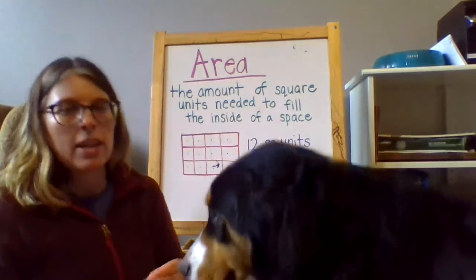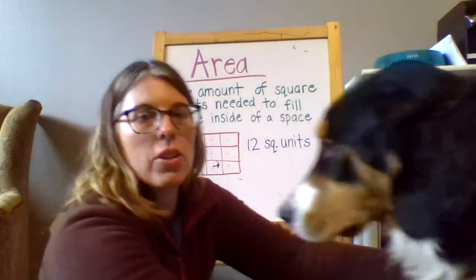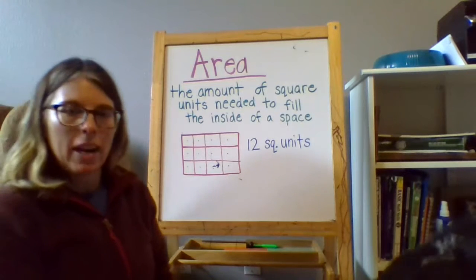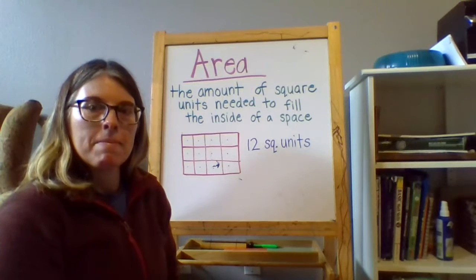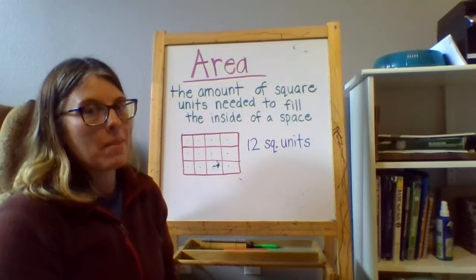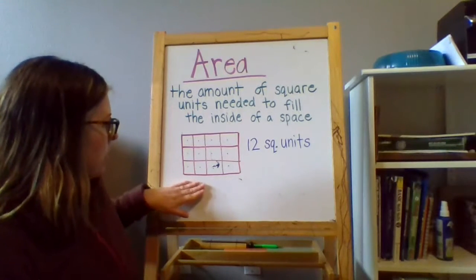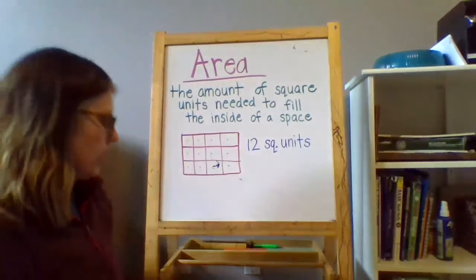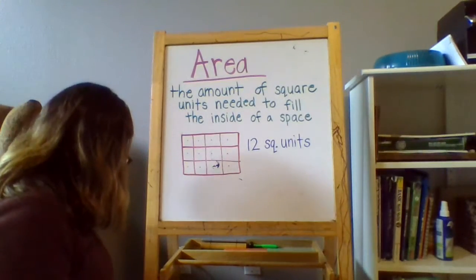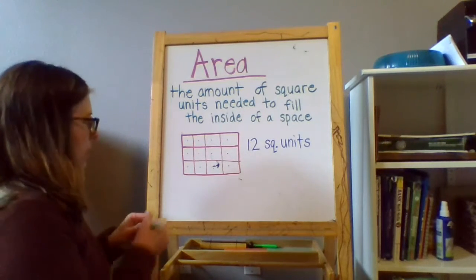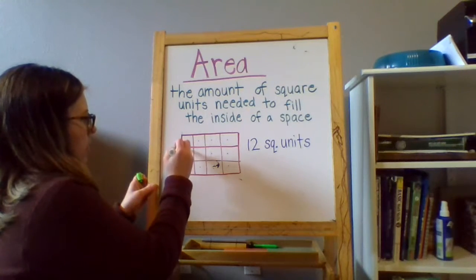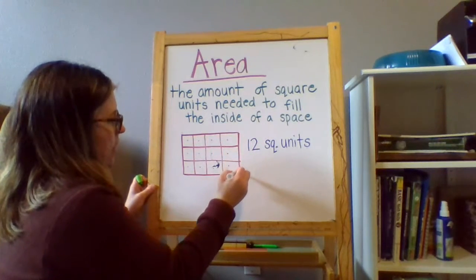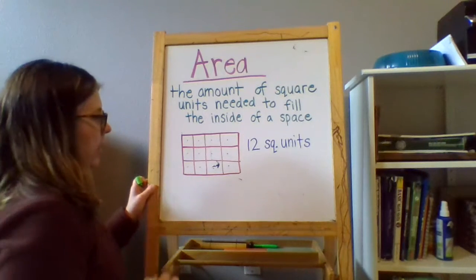Now, I have a question for you. Do you think that the perimeter is the same as the area for a shape? I wonder. Should we count the perimeter and see? So this one is 12 square units as the area. Now let's see what the perimeter is. 1, 2, 3, 4, 5, 6, 7, 8, 9, 10, 11, 12, 13, 14.